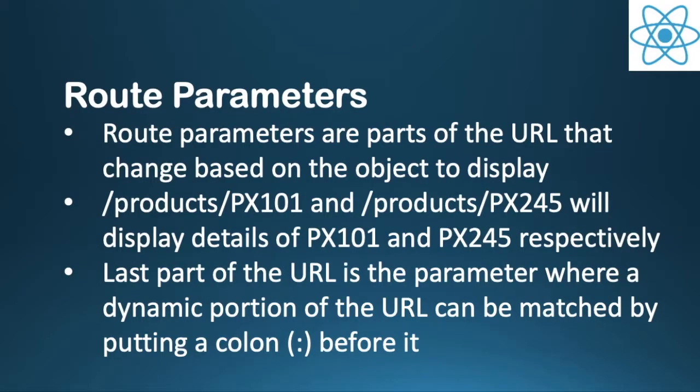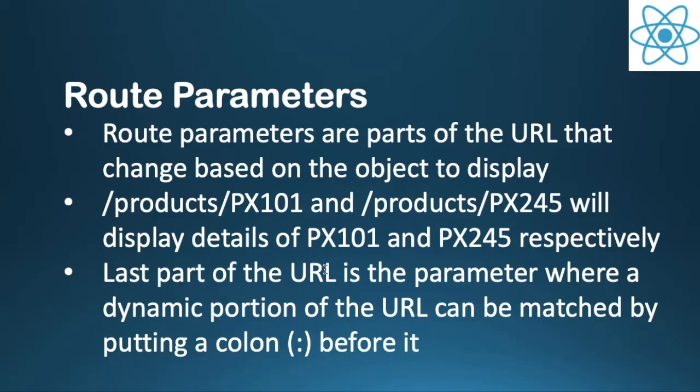Let's look at the next concept, route parameters. Route parameters are part of the URL that change based on the object to display. So for example, we want to show these products and the details of products. So /products/px101 and /products/px245 will display details of px101 and px245 respectively.